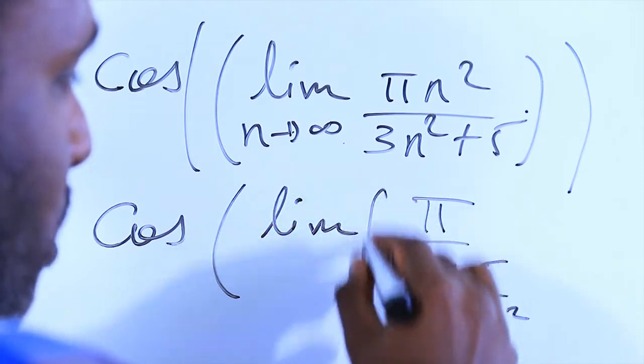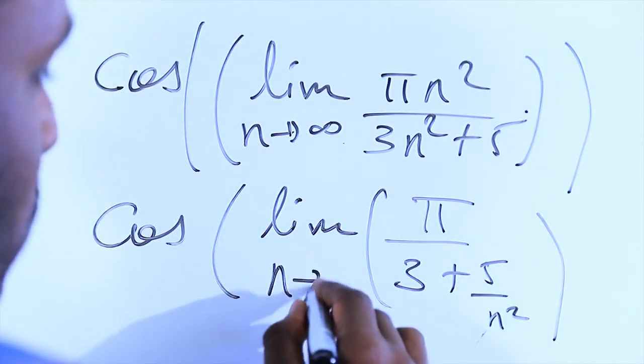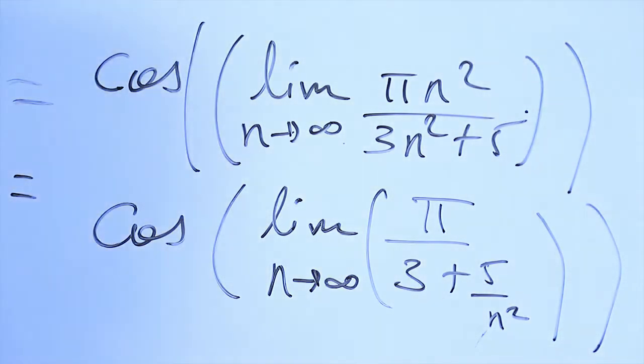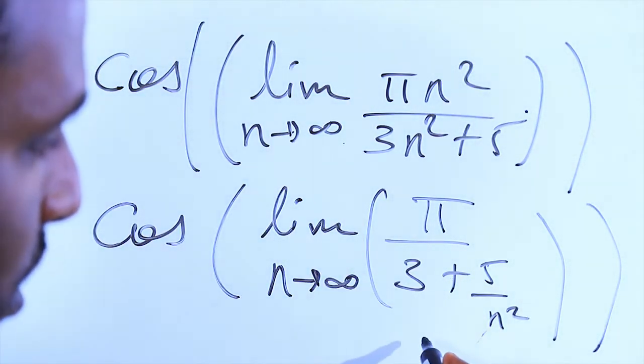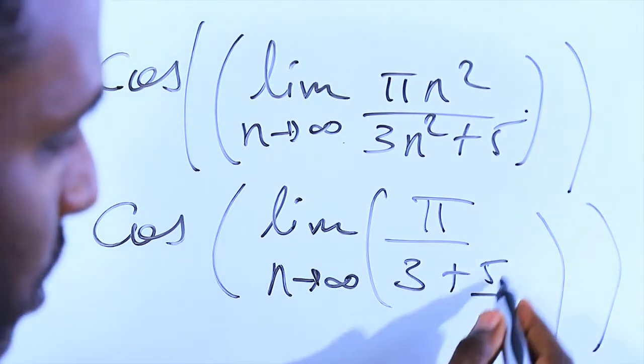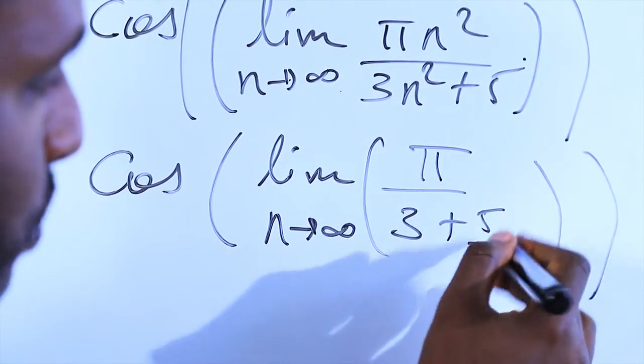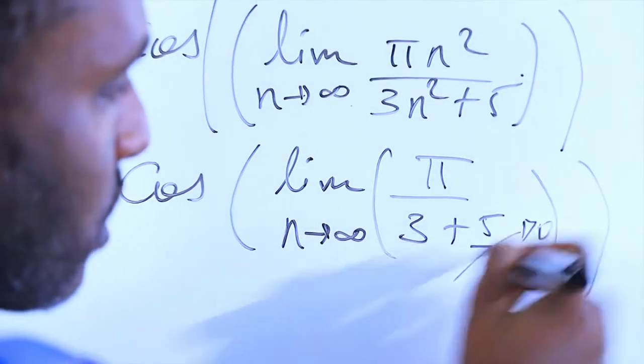So we have the value when n tends to infinity, like this. When you take the limit, the 5 over n square, as we observed in the previous part, becomes 0.